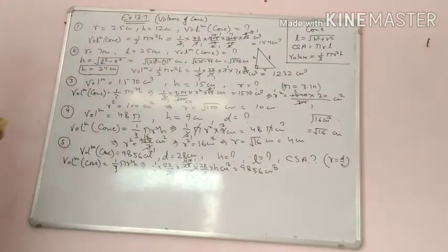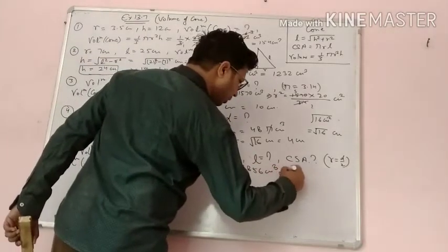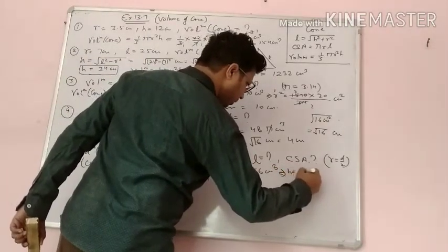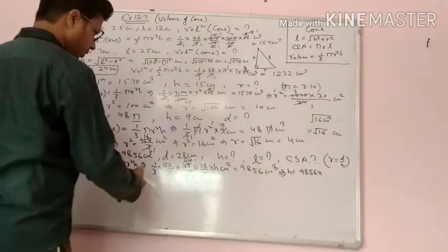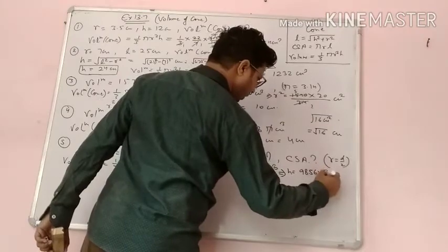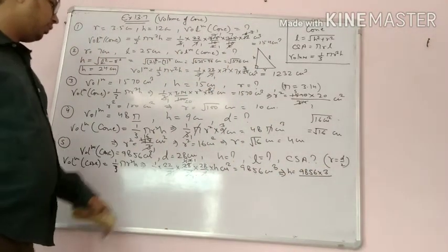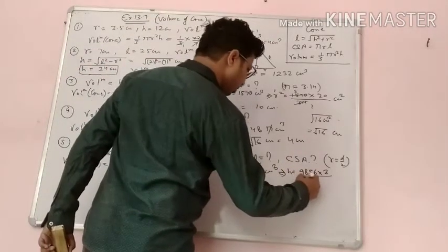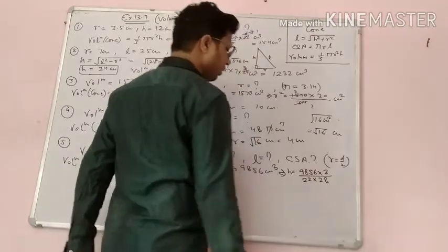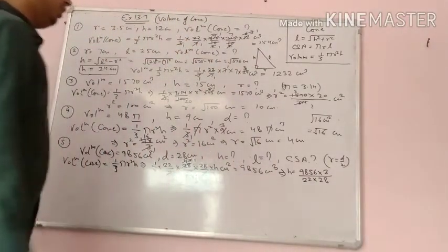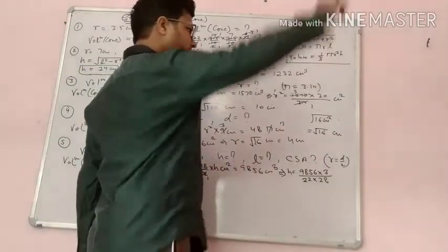So what is left here? h is equal to 9,856 multiplied by 3, divided by 22 multiplied by 28. If I simplify, what will come here?